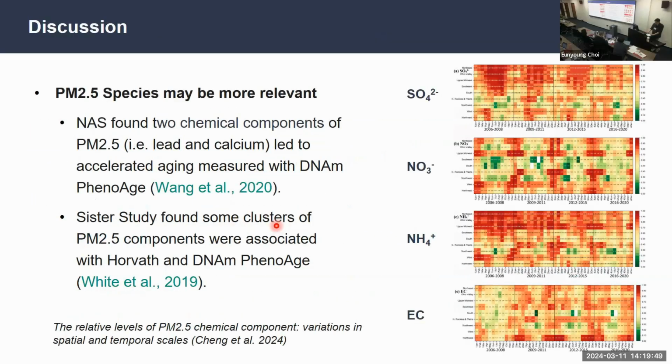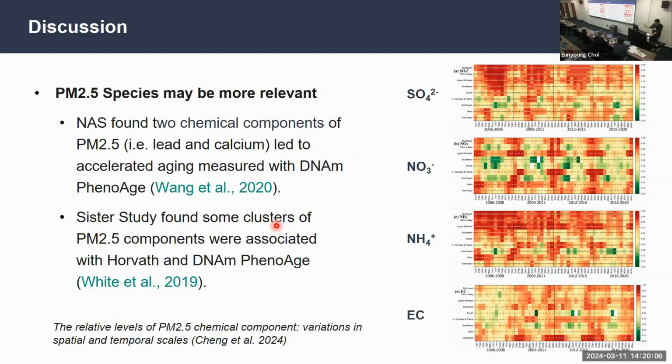So one possibility is PM2.5 does matter, but it's more complicated. Compared to the overall measure of PM2.5, maybe the PM2.5 species or the chemical components of PM2.5 are more relevant. The figures here are very small.